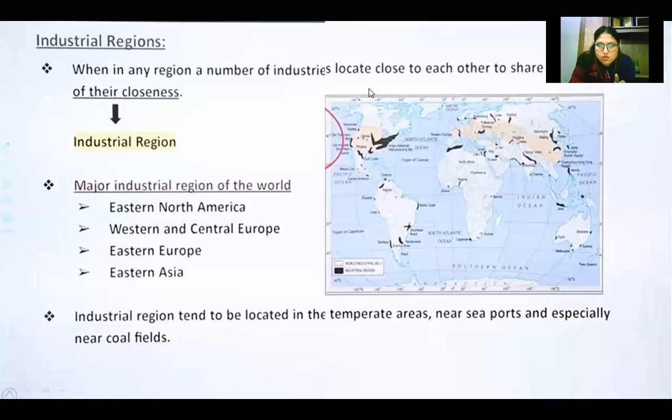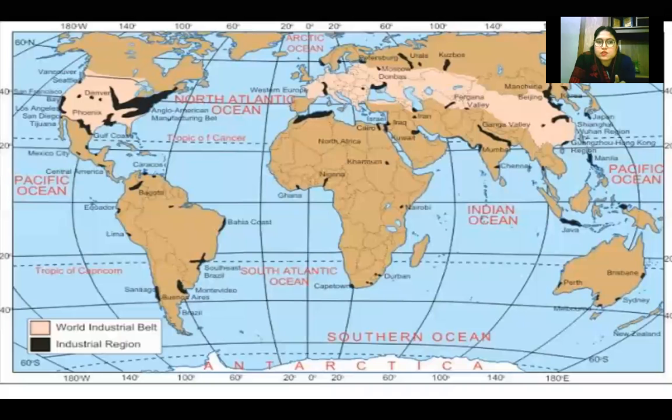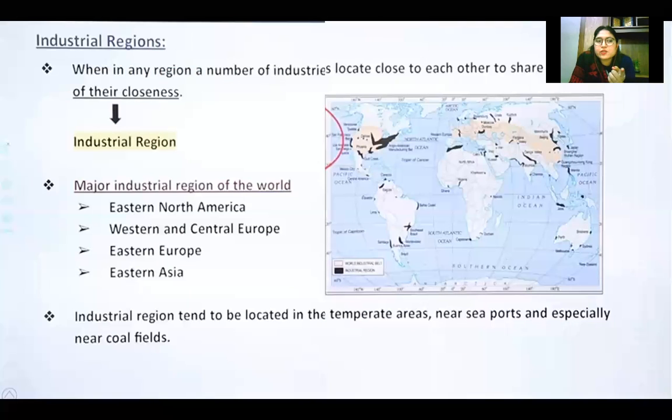Western and Central Europe is also this one. This and this, these are all industrial regions. So some part of Europe, that is Western and Central, and some part of North America, that is Eastern North America, is also an industrial region. Then Eastern Europe also.